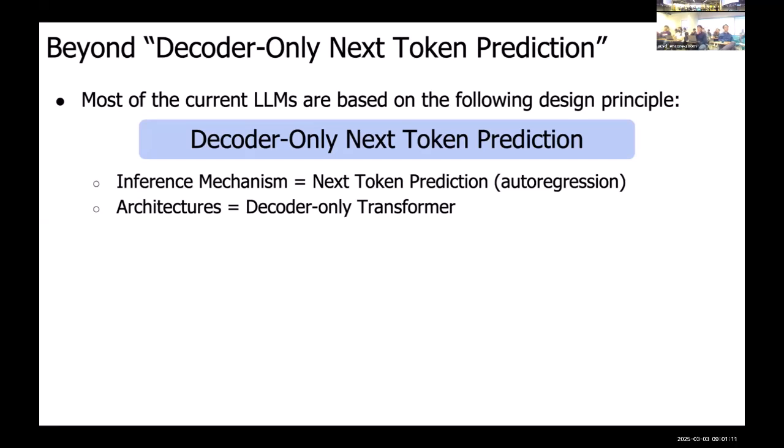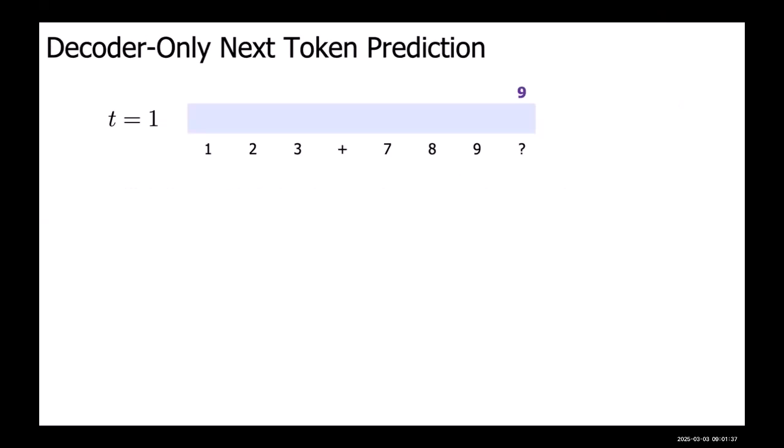One, when you generate the answer or the output, there are multiple tokens in the answer, and the fundamental inference mechanism that everyone is using is iterative next token prediction, one by one from left to right. Basically, it's autoregressive generation. The other is architecture. Everyone is basically relying on some variant of decoder-only transformer.